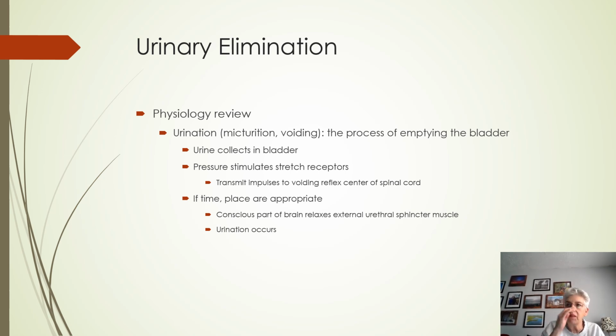This is really, I use the word fascinating. I try to make learning fun because I love it. So as a bladder fills with urine, okay, you have pressure sensors on the outside of the bladder that stimulate these receptors, and that transmits impulses through the reflex center of the spinal cord and goes up to the brain and says, hey, wow, you got to pee, you got to urinate.